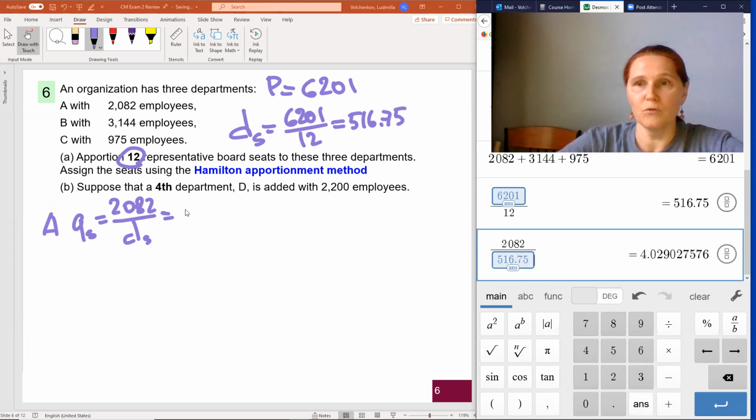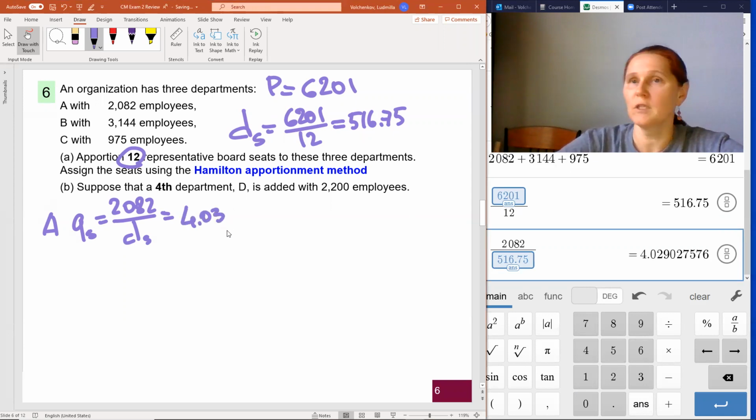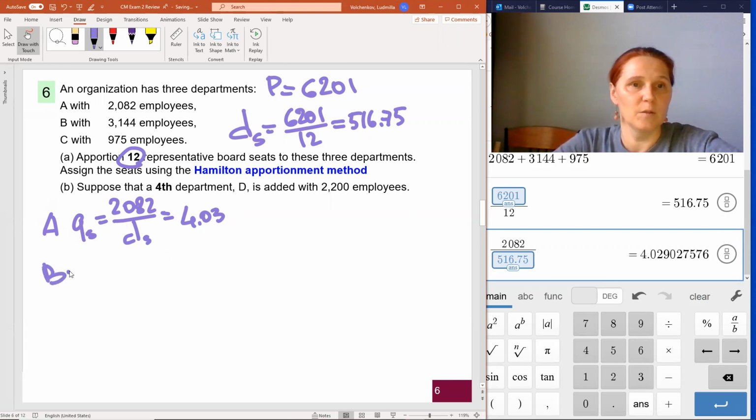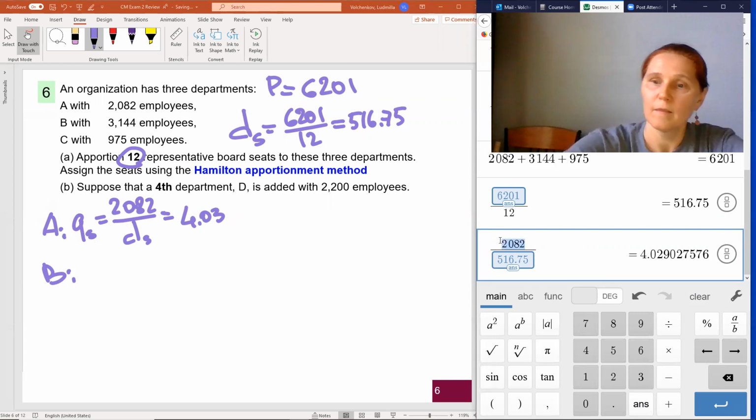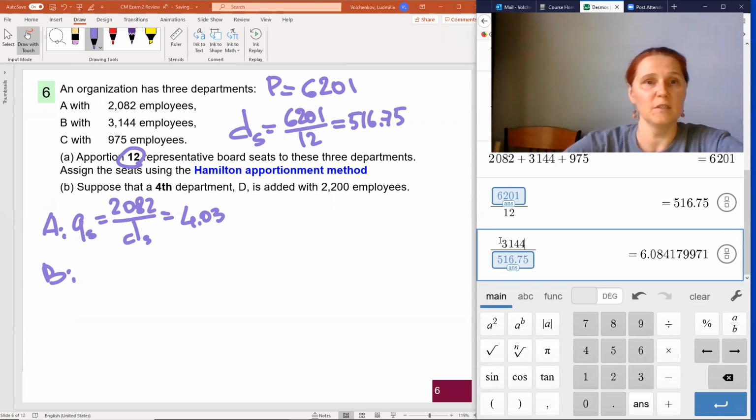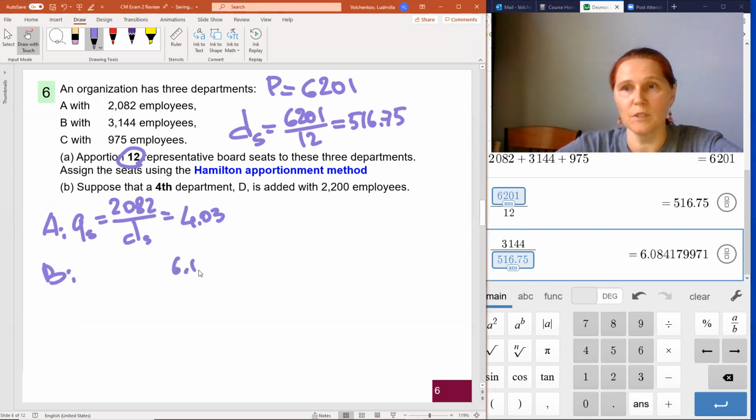For A, we got 4.03. We don't need more than 2 digits after the point, but 2 digits are necessary. For B, 3144 divided by the same standard divisor, the quota will be 6.08.